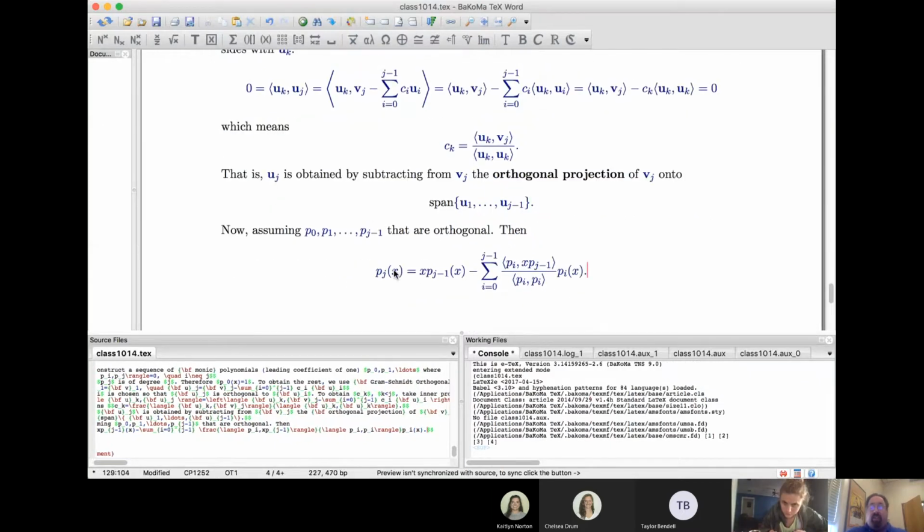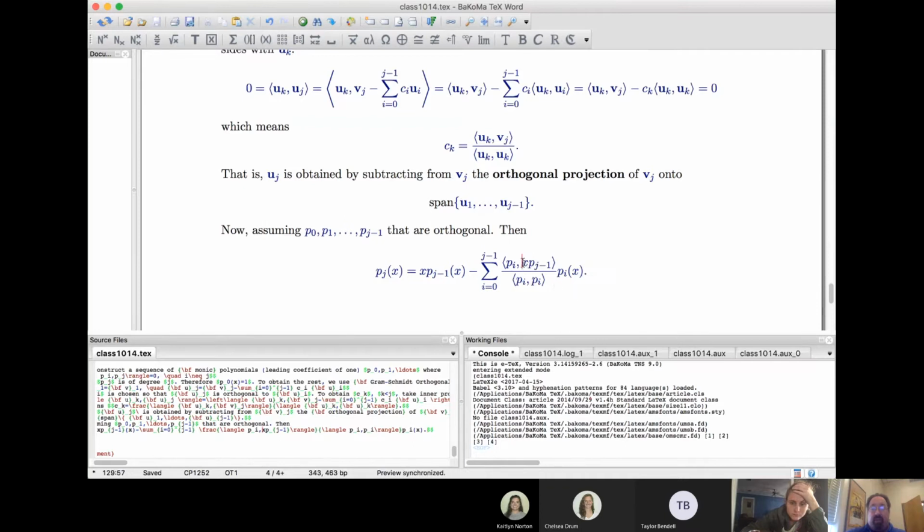So this is how I get each new monic orthogonal polynomial from the previous ones. Because if pj minus 1 is monic already, I multiply it by x with its coefficient of 1, the product also is monic. And because this is of lower degree, it won't mess with the monicness of this part. So this is how I generate my sequence of orthogonal polynomials.